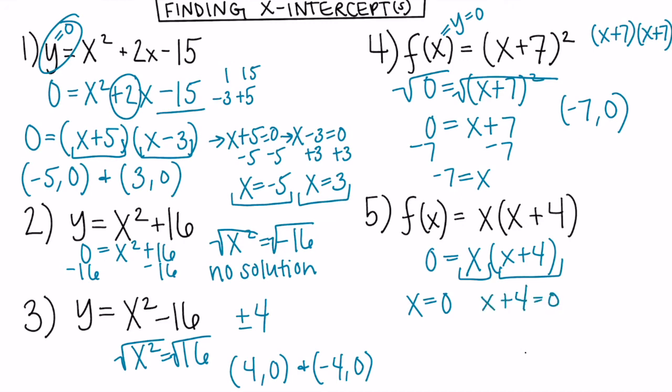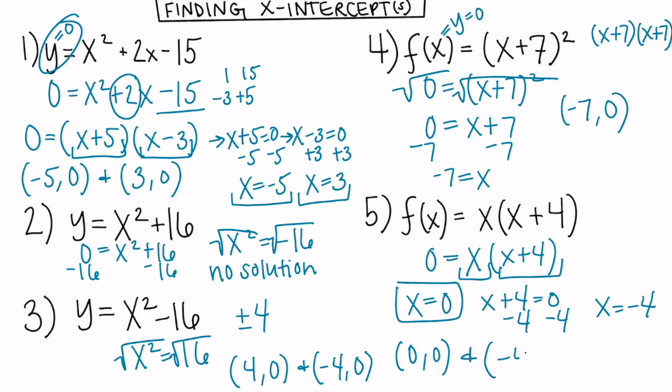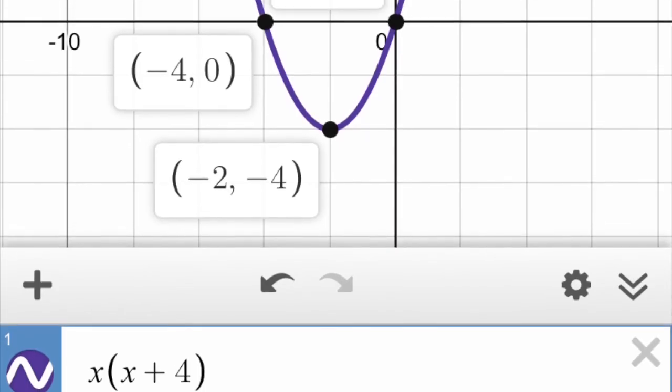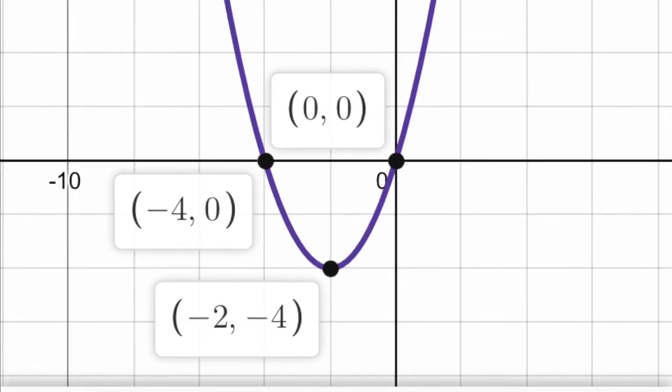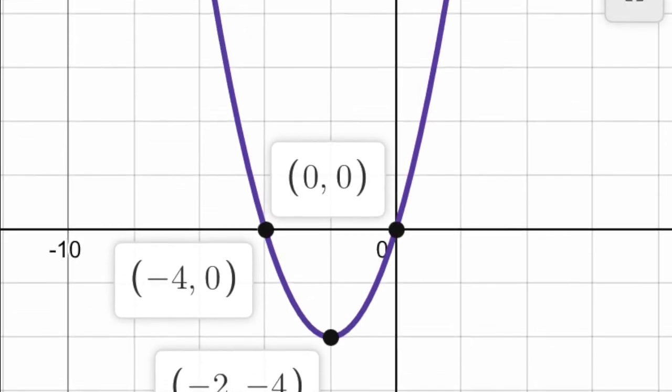All right, so we already got our first answer is 0, which would be the coordinate 0, 0, the origin. And then the second one we can solve quickly here. We get negative 4. All right, again, getting two answers. Let's check it. And we can see here the vertex is below the x-axis, and we have those 2 points at negative 4, 0 and 0, 0.